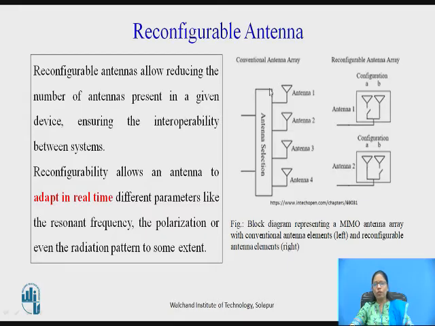But the reconfigurable antenna is not like this. It is a different one. Here you can see A and B together are forming one antenna. These antennas together configure for a particular antenna parameter, that is the reconfigurable antenna array. This is one antenna, this is another antenna, forming an antenna array.